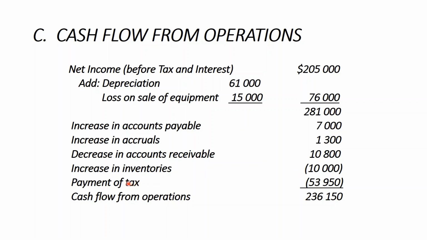The payment of tax is a payment, so obviously there was an outflow of cash, 53,950. And when we add these together, we would get our cash flow from operations. If we had interest payable, we would put it in here as well. And we would treat it the same way we treated the tax.